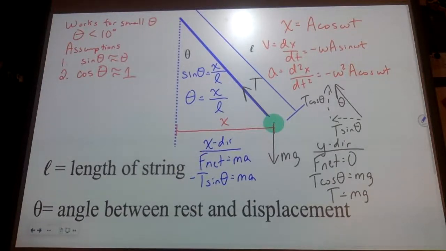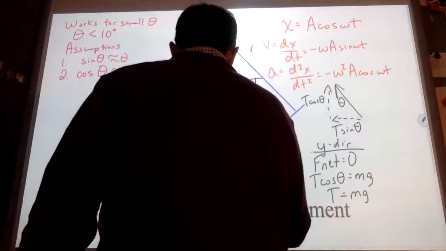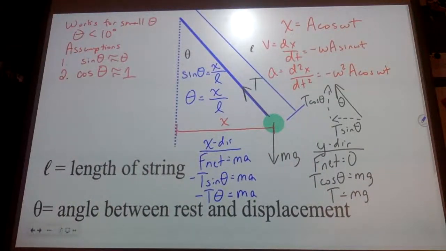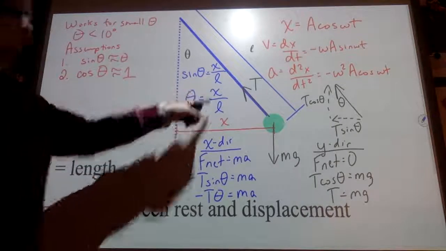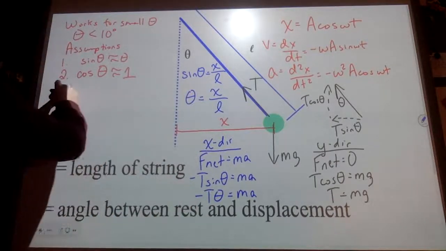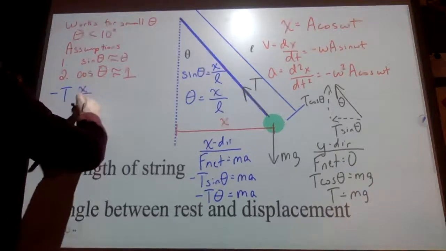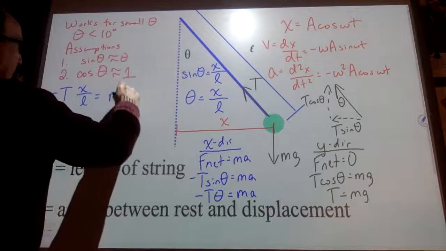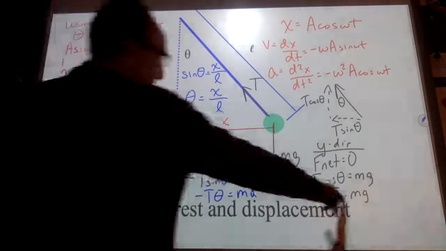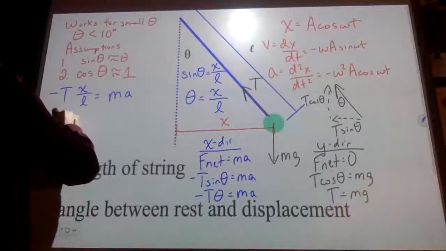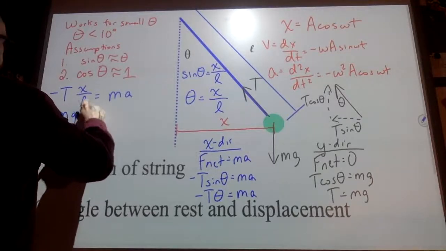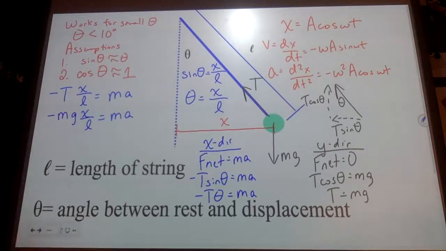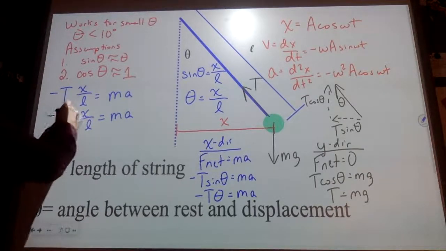So for my negative t theta is equal to ma, I'm going to plug in x over L for theta. So I'm going to have negative t x over L is equal to ma. And then I also know that t equals mg. So I'm going to have negative mg x over L is equal to ma. And I'm going to cancel out an m.